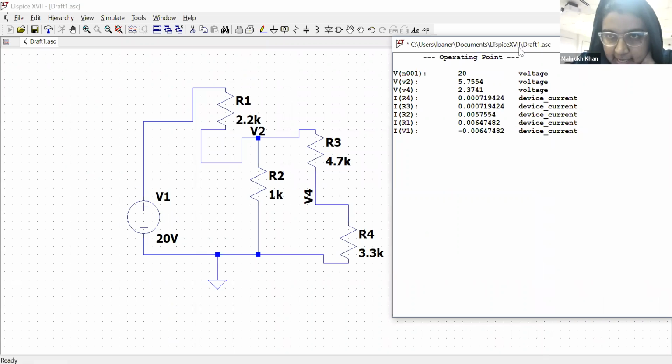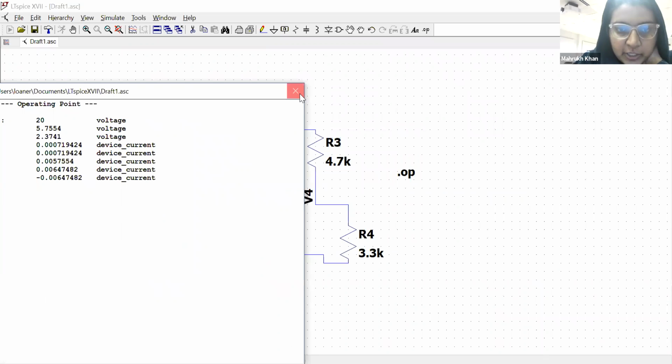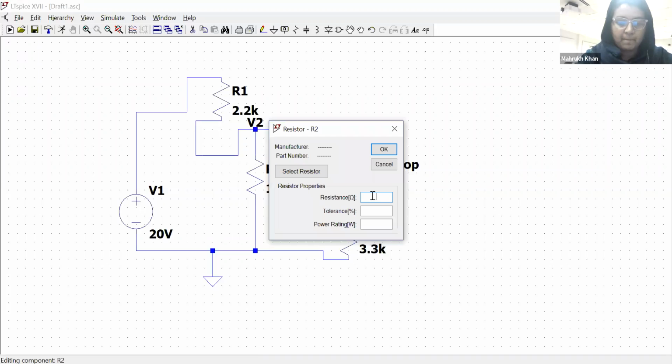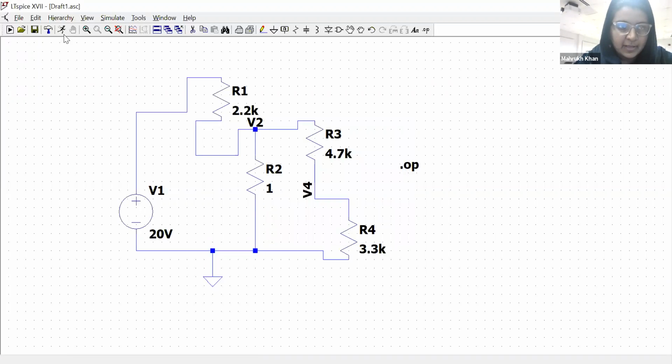So what I was asking is, what will happen if you short your R2? Shorting means that we want to reduce this resistance. Let's see what's going to happen if I just replace it with 1 ohm.